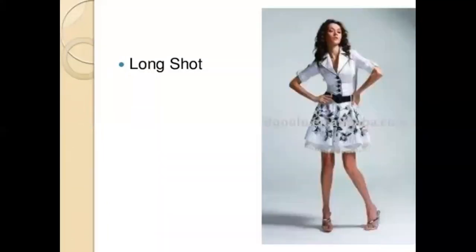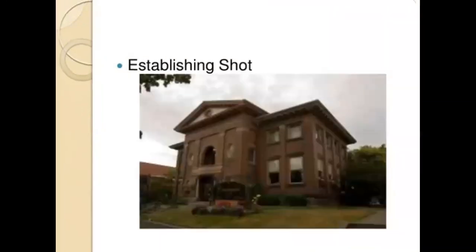This is a long shot where we can click the picture from top to bottom, from head to feet. This is the establishing shot. We can also call it a wide shot or a wide angle shot. You can use both.